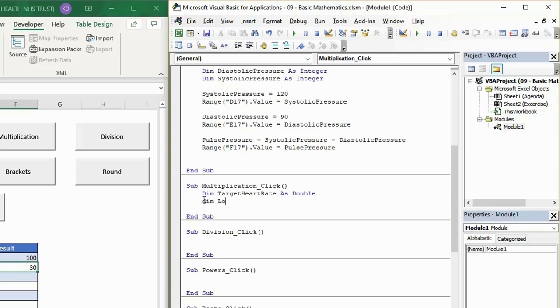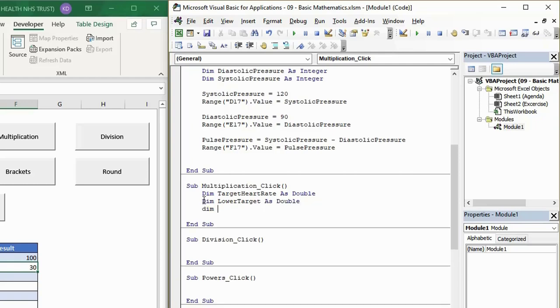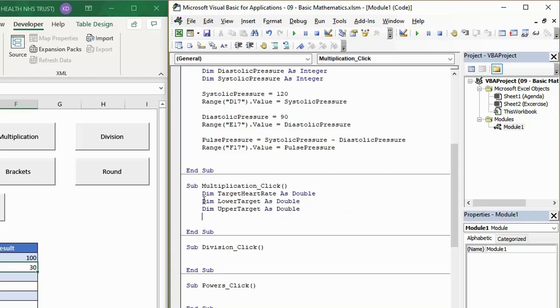So let's declare a variable to hold lower target and another to hold upper target. Finally, let's declare a variable to hold maximum heart rate.